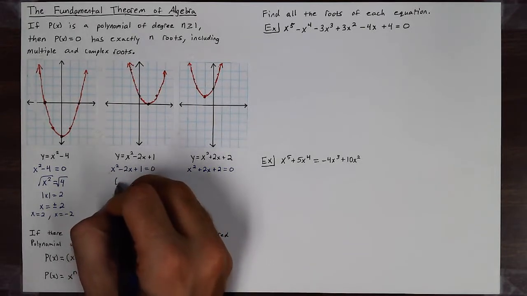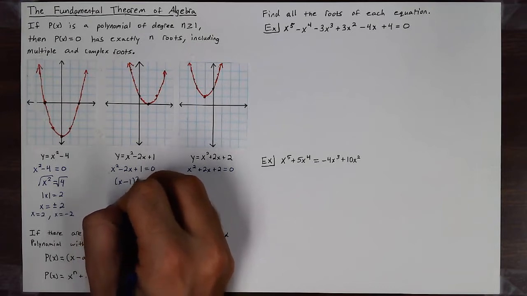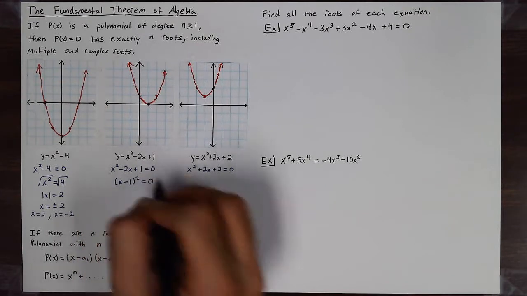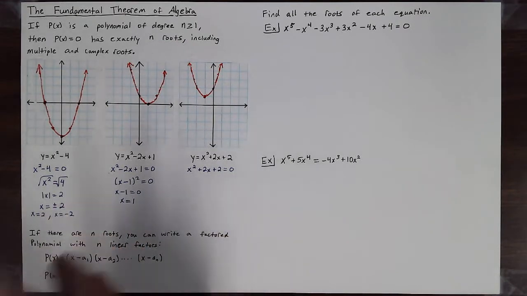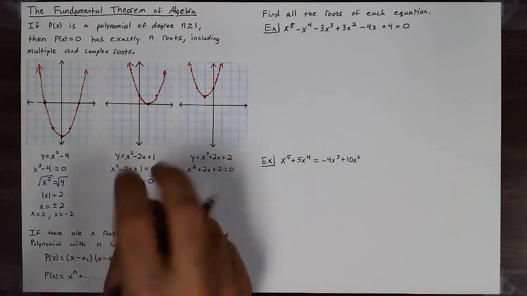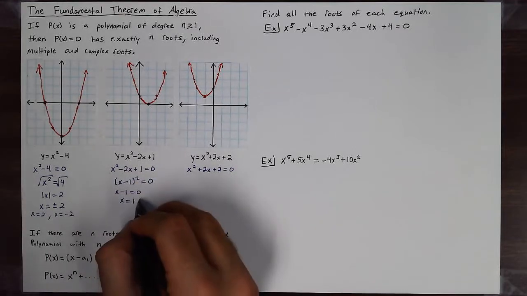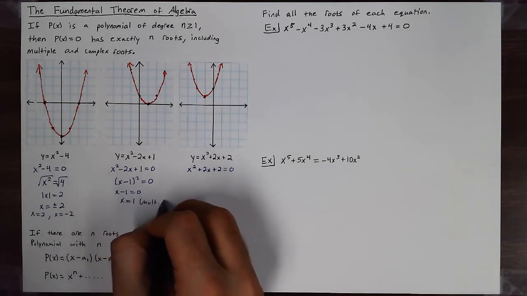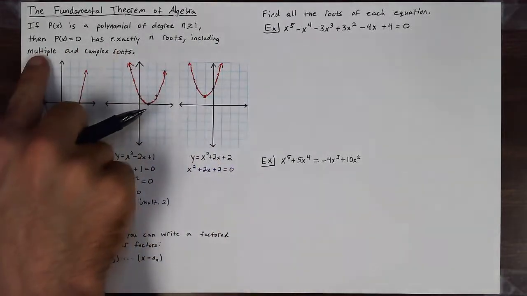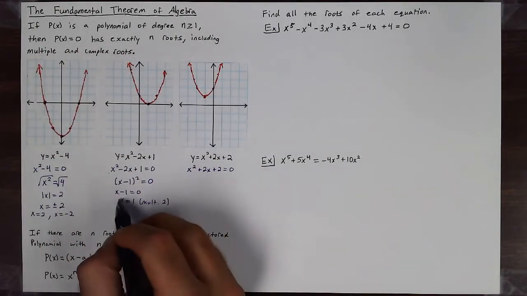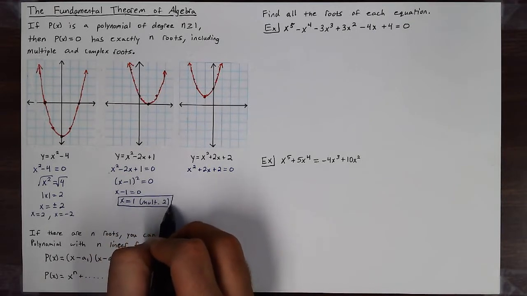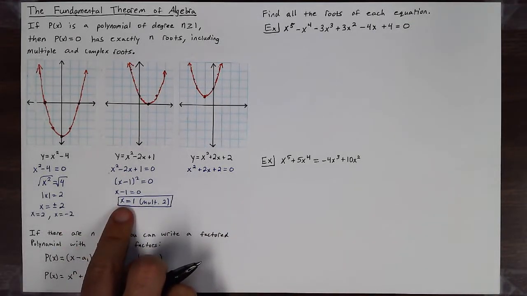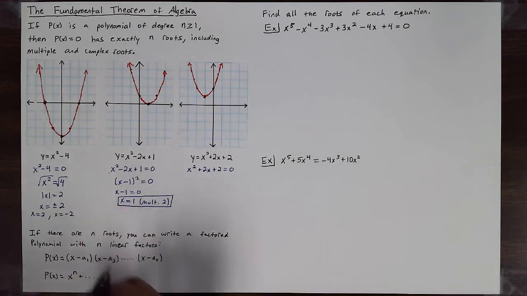So I can factor that to be x minus 1 squared, which I can just set x minus 1 equal to 0 and get 1, but it has a multiplicity of 2, since that factor appeared twice. So this includes the multiple roots. Even though I only got one unique answer, I did get that answer twice. I got x equals 1 twice. That's a solution.